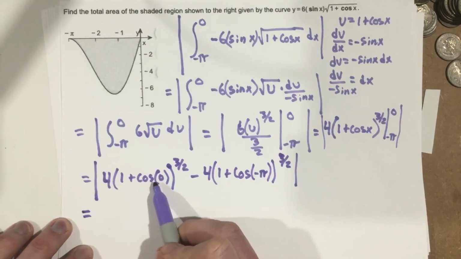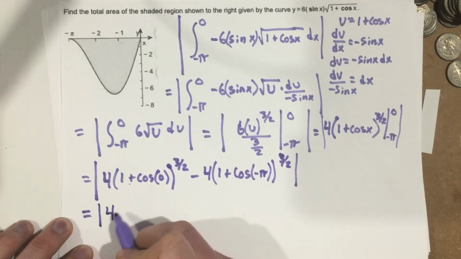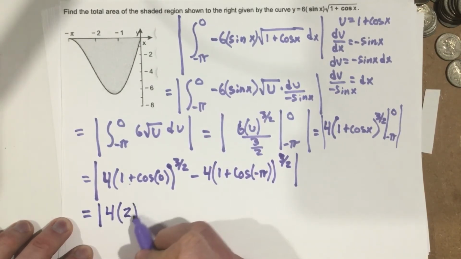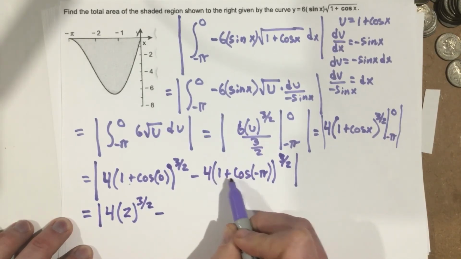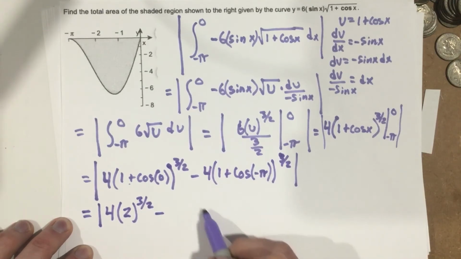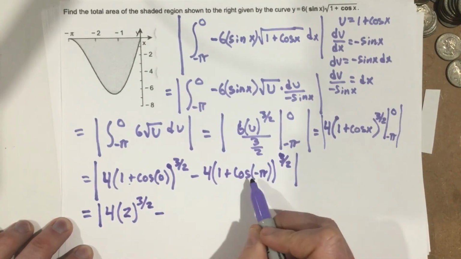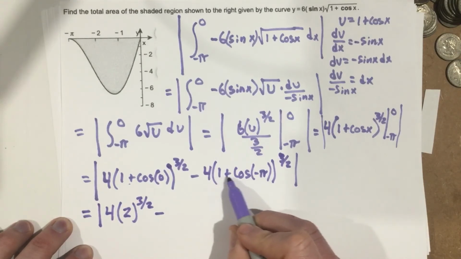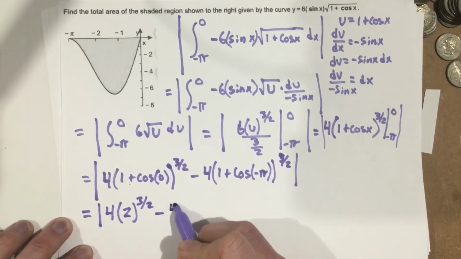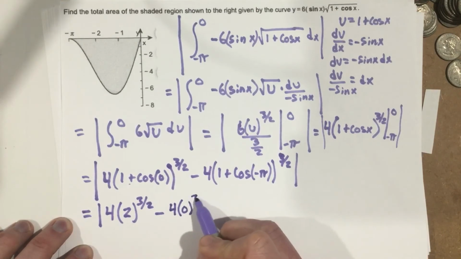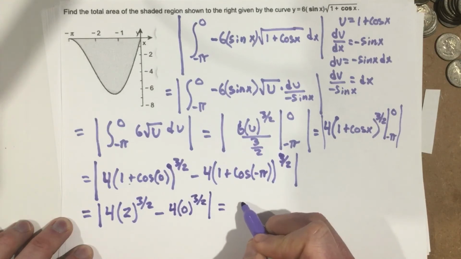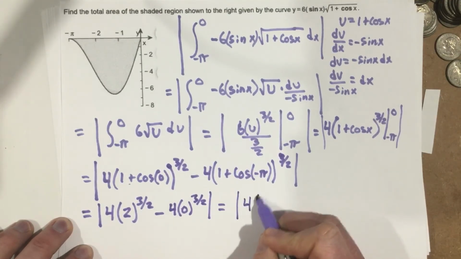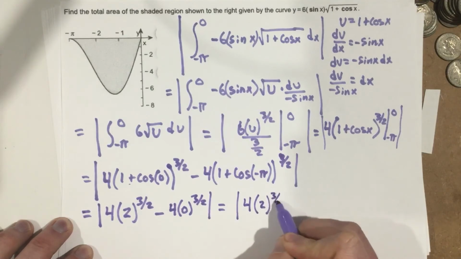What's cosine of 0? Cosine of 0 is 1, so I end up with 1 plus 1 in here, so I have absolute value of 4 times 2 to the 3 halves, minus 4 times 1 plus cosine negative pi. Well, cosine negative pi is at 180 degrees. We know that cosine negative pi is negative 1. 1 plus negative 1 is 0. So you have minus 4 times 0 to the 3 halves power. Well, that cancels out. So we're just left with the absolute value of 4 times 2 to the 3 halves power.